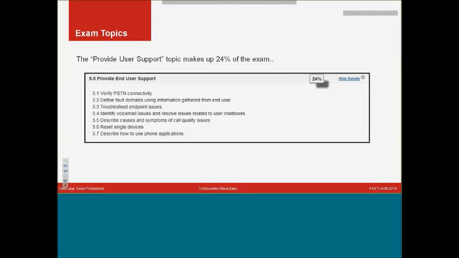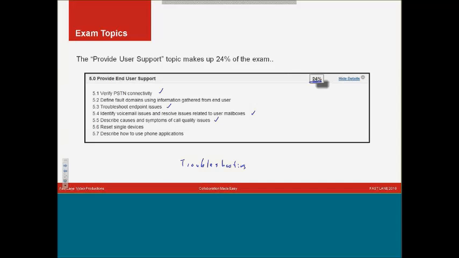And provide end user support, so we're looking at a little bit of troubleshooting here. How can we verify PSTN connectivity, troubleshoot issues with phones? What about voicemail issues, like MWI doesn't turn on or it doesn't turn off? Some basic issues like that.